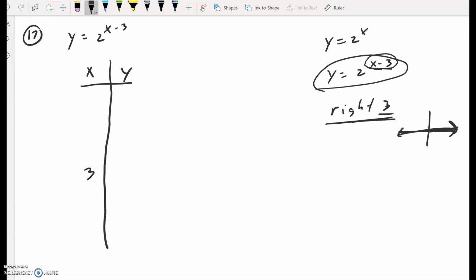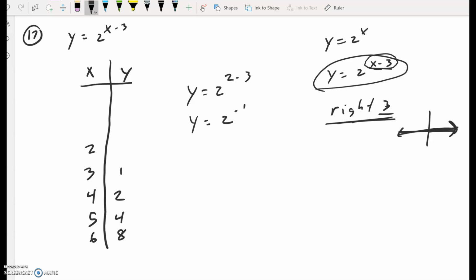So let's put in 3 for x, and then we get 2 to the 0 power, which is 1. Let's put in 4 for x. We get 2 to the first power, which is 2. When we put in 5 for x, we get 2 squared, which is 4. If we were to put in 6, we would get 2 to the third, which is 8. Now let's try putting in 2 for x, and let's slow down.